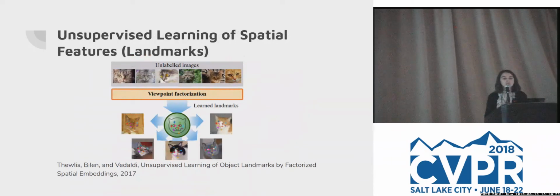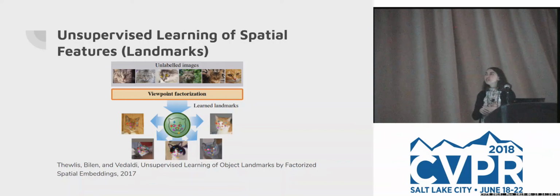Another interesting work trying to use 3D as inherent knowledge for unsupervised learning is by Thewlis, Bilen, and Vedaldi. What they are trying to do here is to learn a set of spatial features, let's call them landmarks, so as not to mix them up with the features we've been using all along, landmarks within objects.